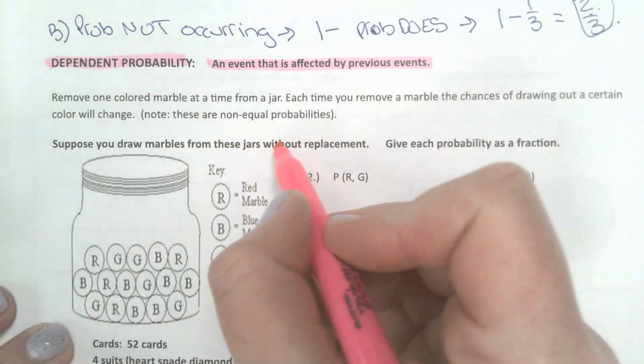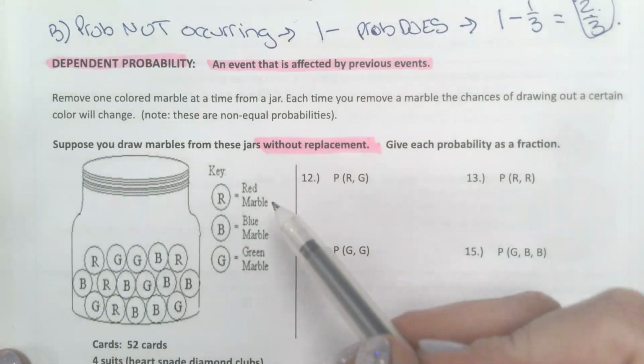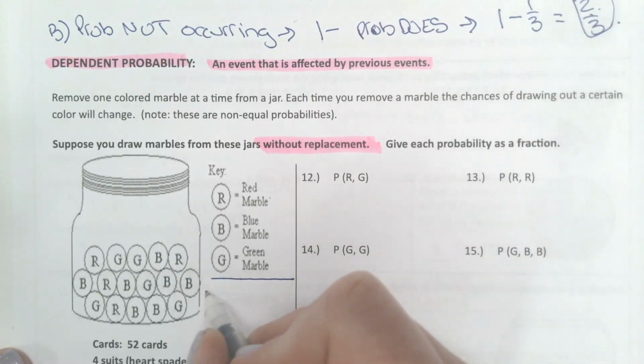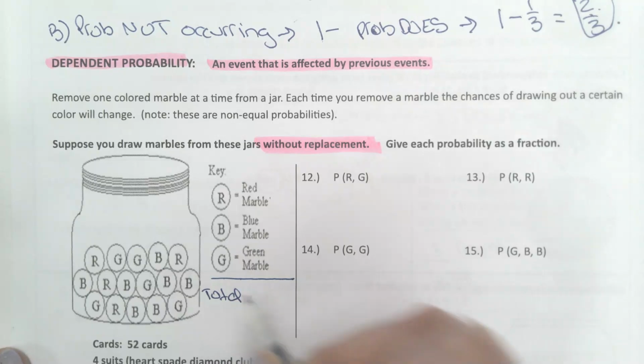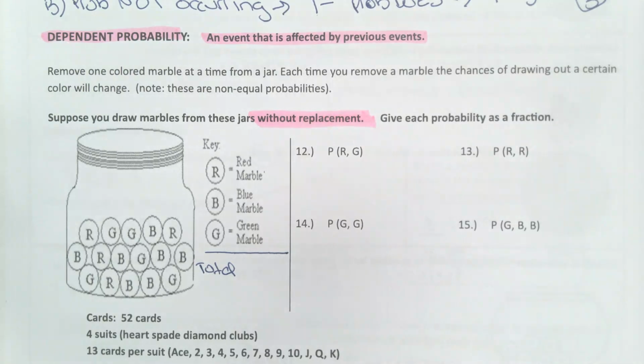This is going to happen when it says you draw something without replacement. So you draw one and you don't put it back. All right, so the first thing that you should do is count up how many red, blue, green marbles there are and figure up the total, and then I will start the lesson.